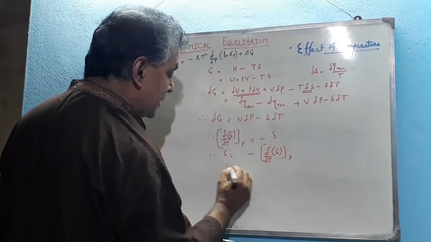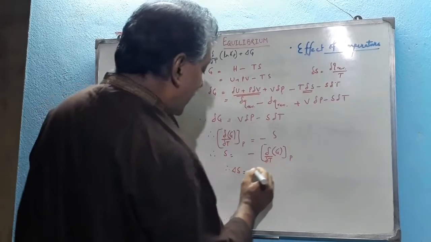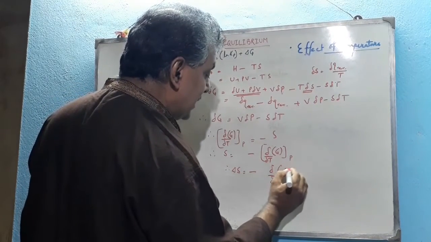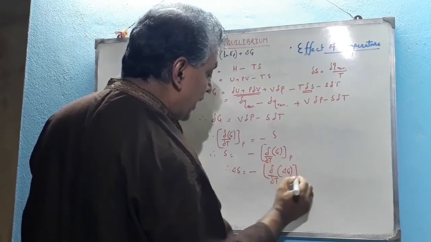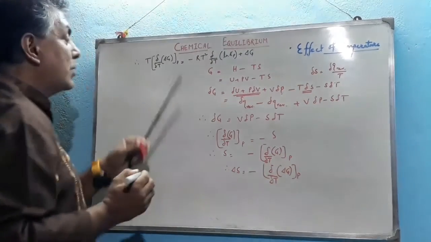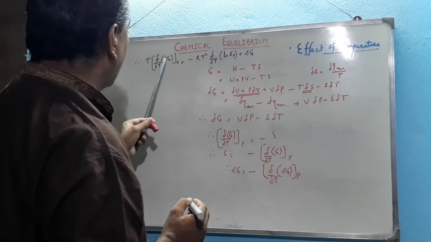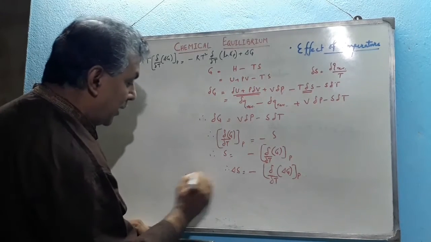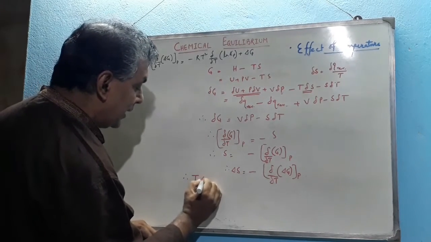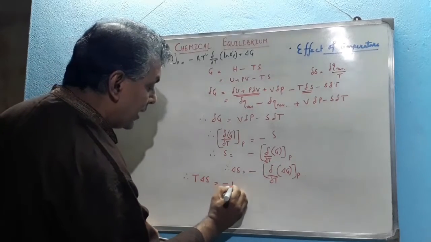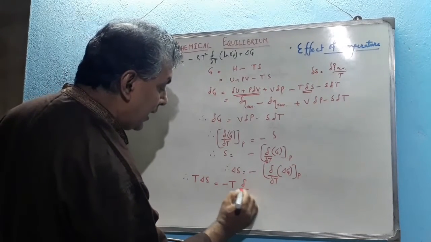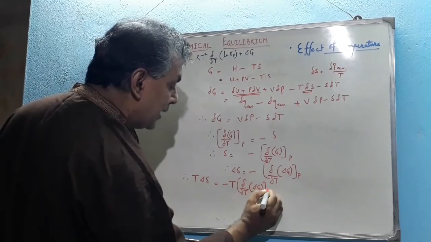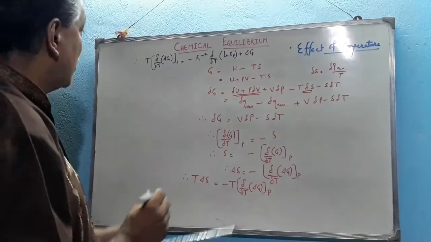Now in del S form, we can write this as minus del T of del G at constant P. If we multiply both sides by T, we get T del S equals minus T del T of del G at constant P.